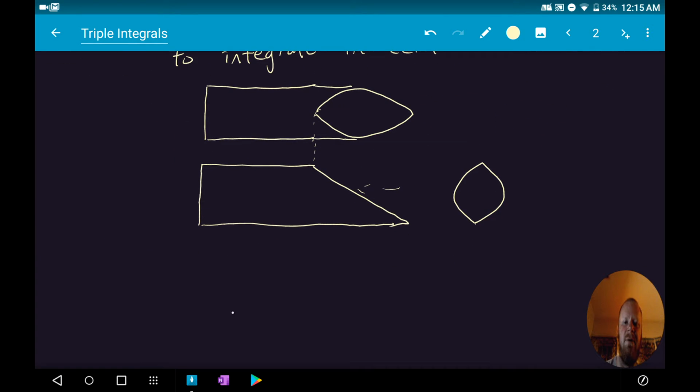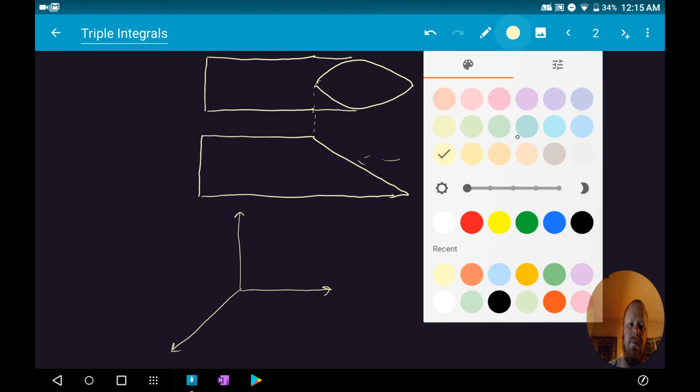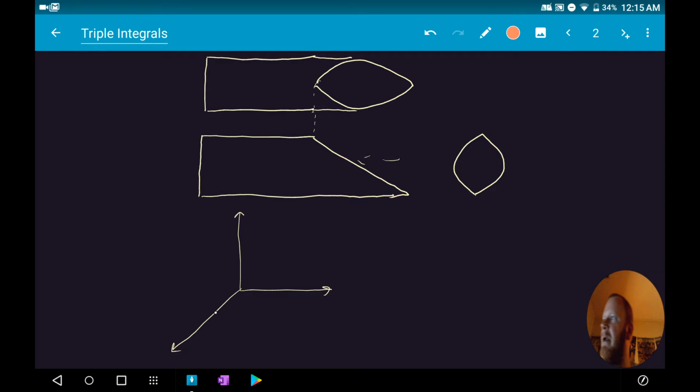And I'll try to graph this in 3D. Pick a nice lipsticky color. So I'm going to draw it in this direction.